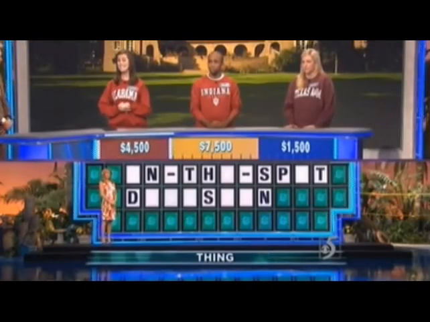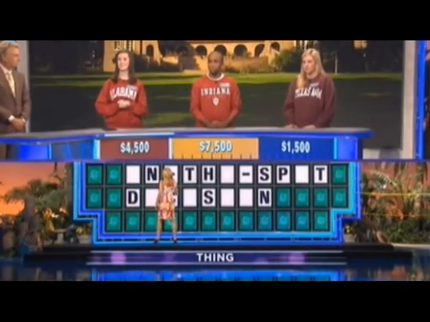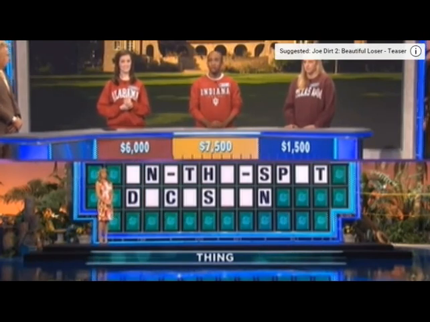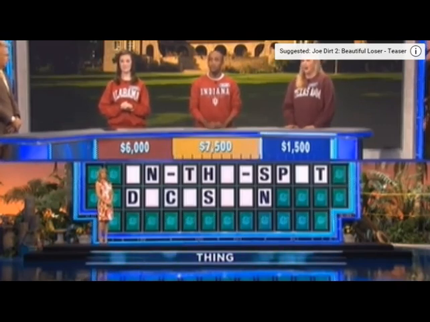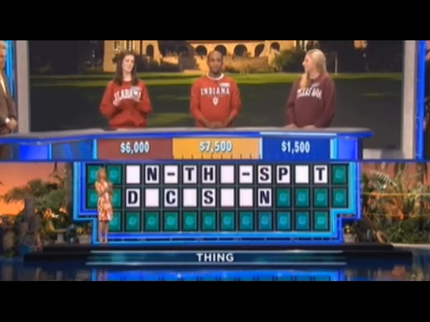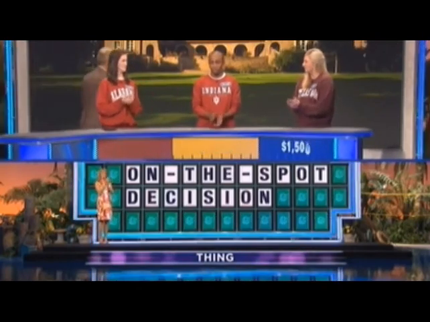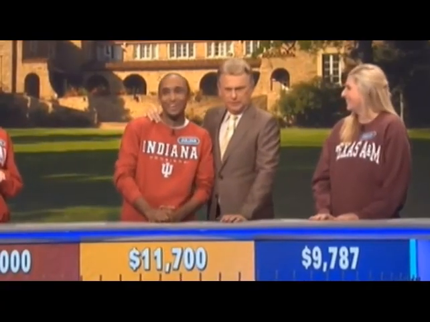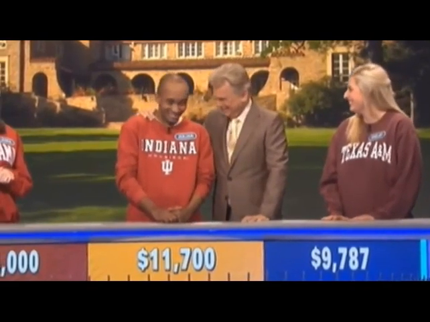Laura, C. 1 C. Julia, everything just follows. Let's solve. Go ahead. On the spot dice spin. No. Shelby? On the spot decision. Yeah, that's it. I don't think anyone has ever taken a more circuitous route to victory. But the important thing is you're here. You got $11,700, and we're pleased about that.